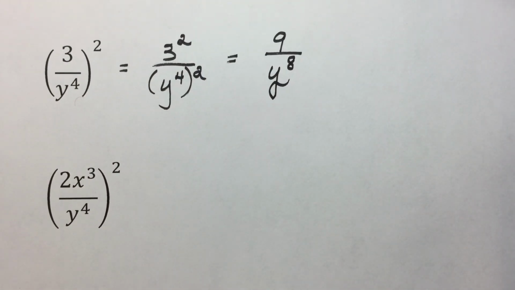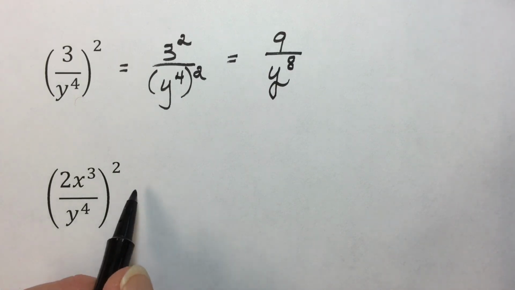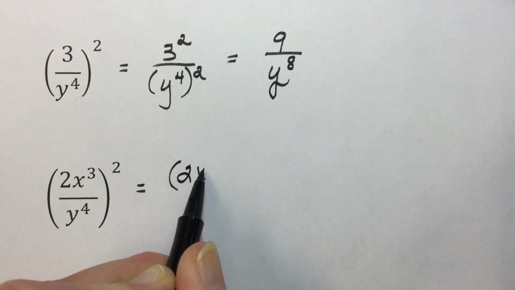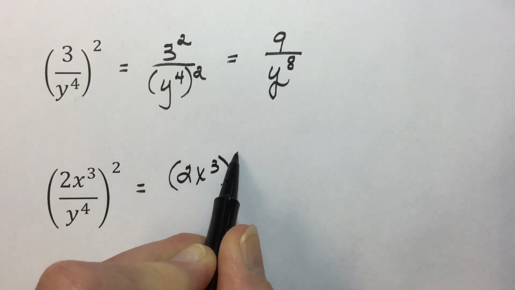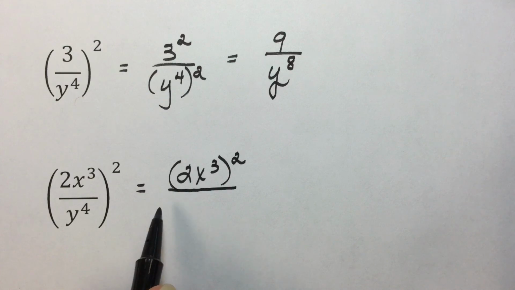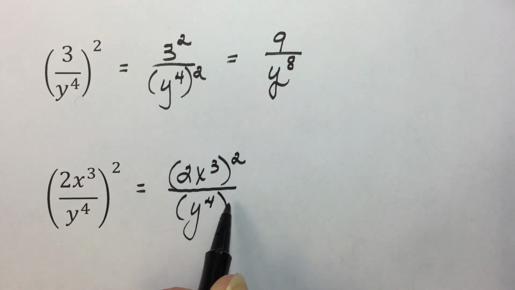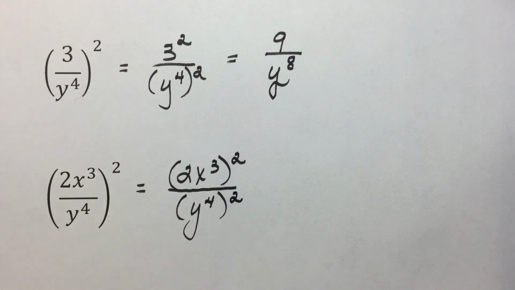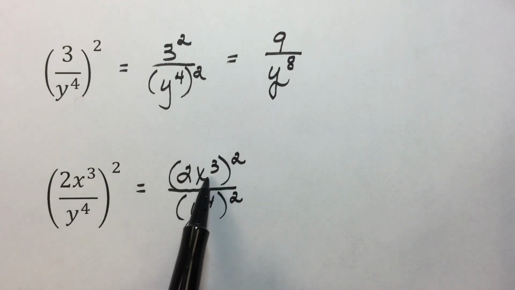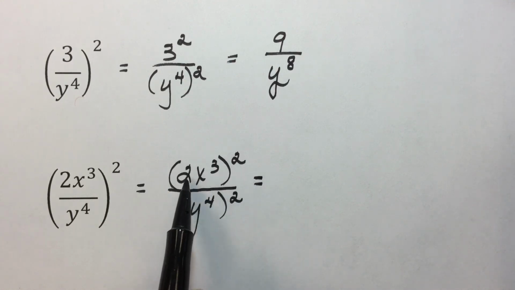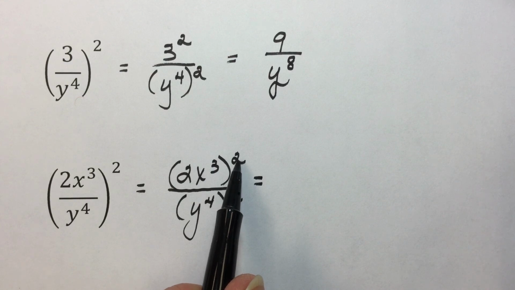In this last example, similar as well, applying the quotient to a power rule, we'll take the numerator, treating it as a base initially, and raising it to the second power, and likewise the denominator, treating it as a base and raising it to a power. We now have a situation of a product raised to a power, so each of those factors will be raised to that exponent.